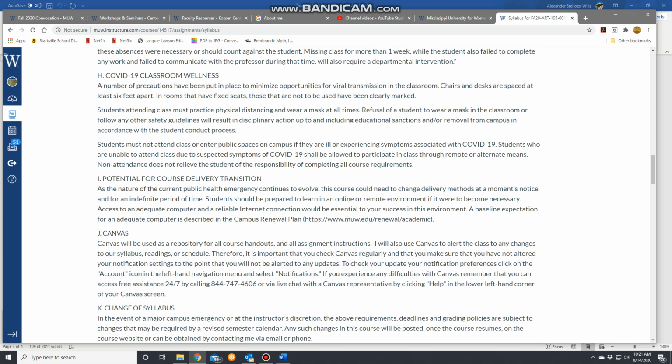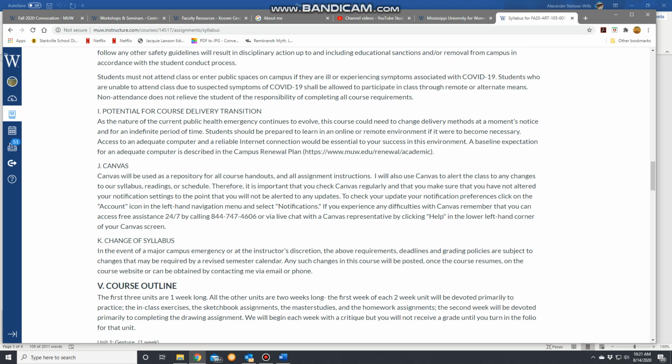So you need to be using Canvas and paying attention to it. And the change of syllabus also is important, in part because, like what we learned last spring, sometimes major changes have to happen. Okay, that's where we're going to end for right now. And then the last part will be broken up between the two classes.